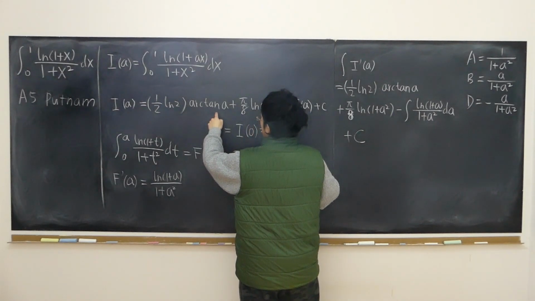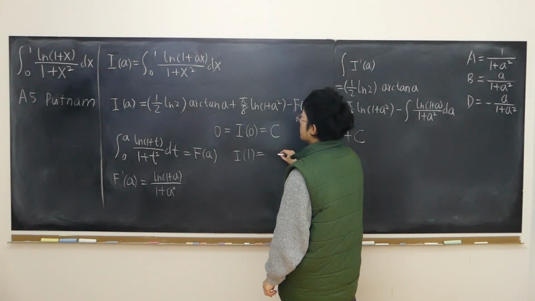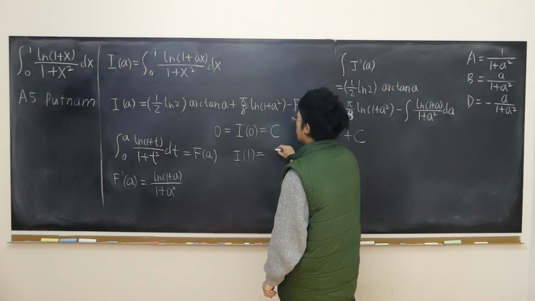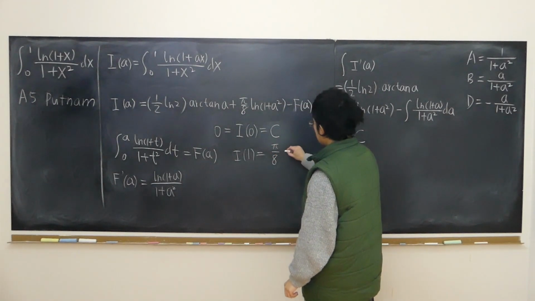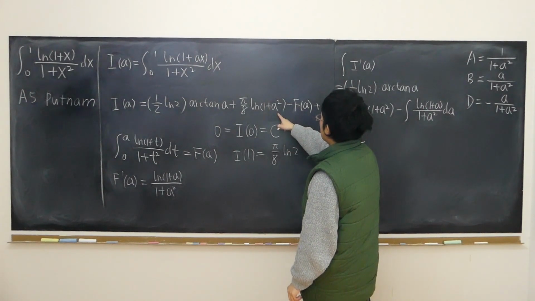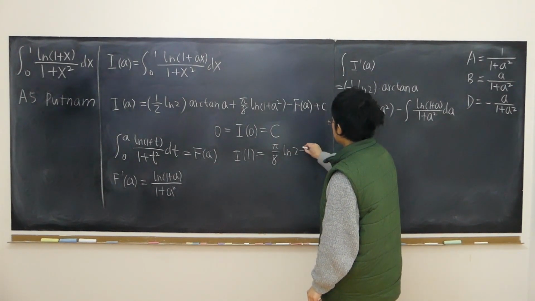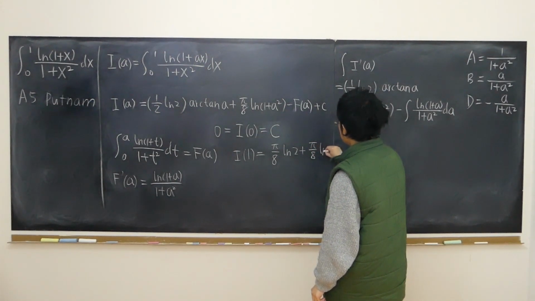So arctangent of 1 is pi over 4, right? So that's pi over 4, that's pi over 8 times log 2. So this becomes 1 times log 2 plus pi over 8 log 2.